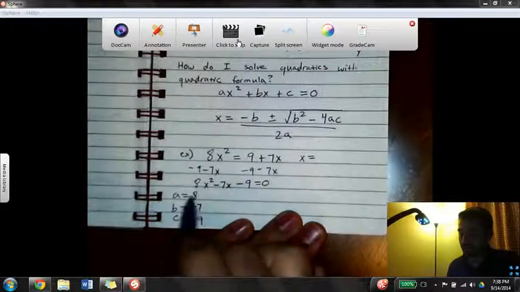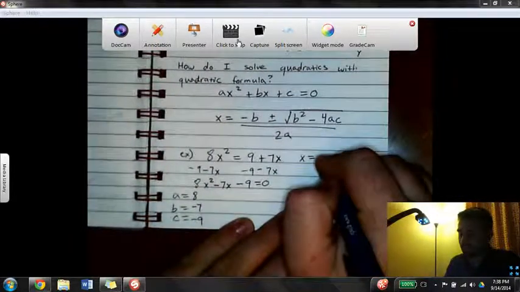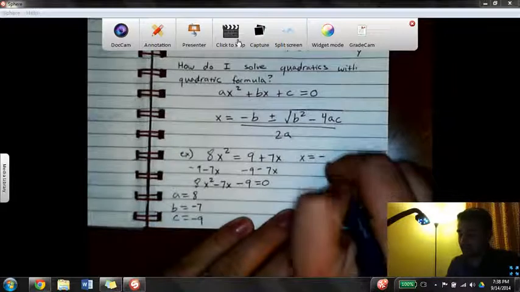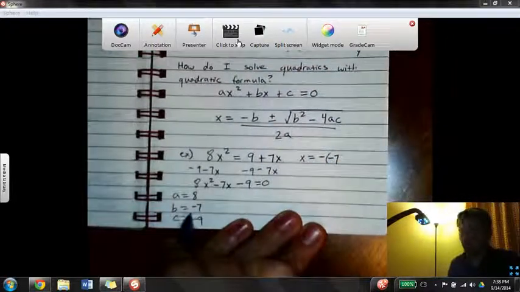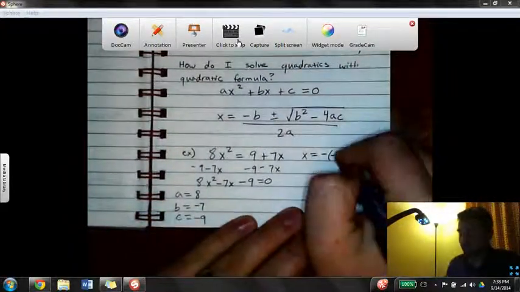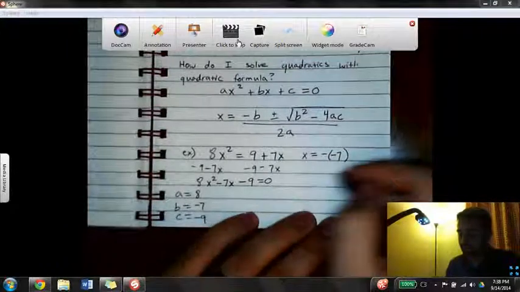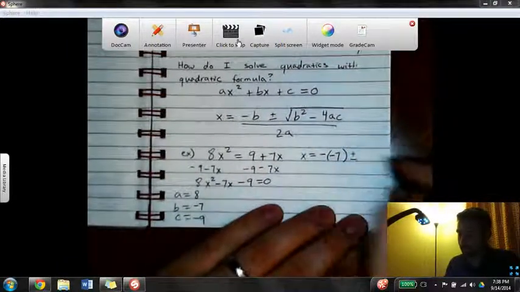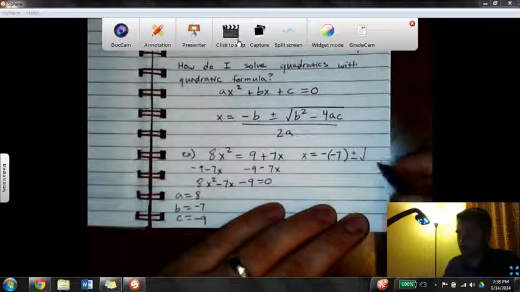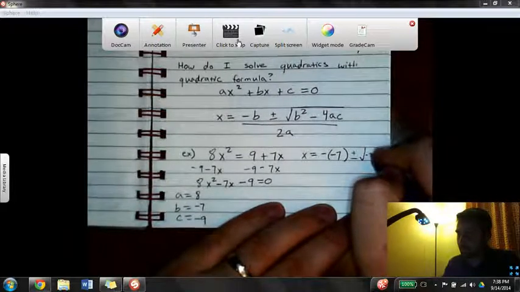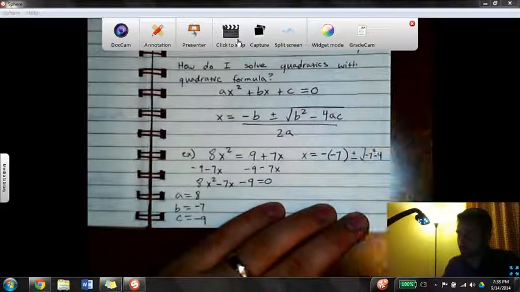So opposite b, notice I say opposite and not negative because our original b is negative, so the opposite of our b would be a positive 7, plus or minus the square root of b squared minus 4ac.